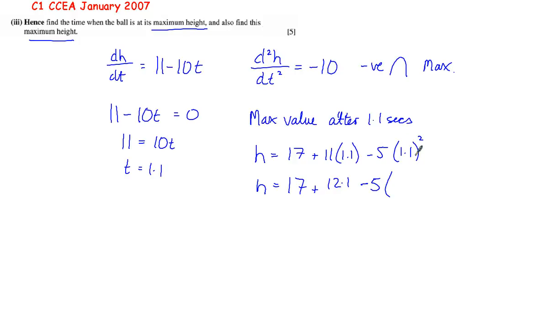But in this case, I'm going to divide by 100, by 10 and by 10. So that's 1.21. So we've got our height is 17 plus 12.1 minus, when I multiply that, I get 6.05. So that's 23.05 meters.